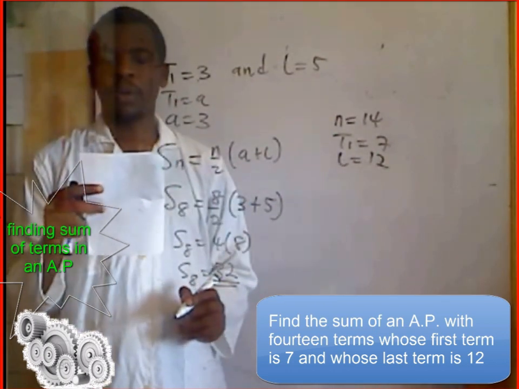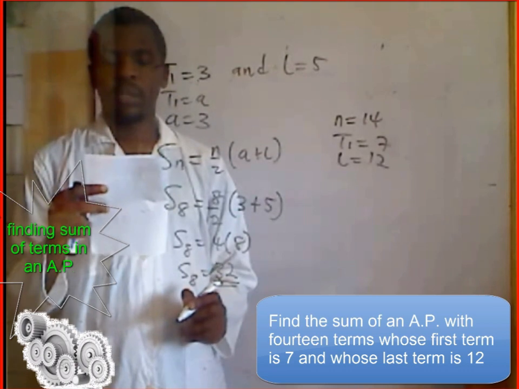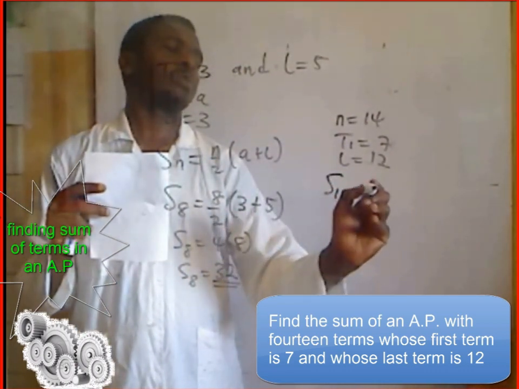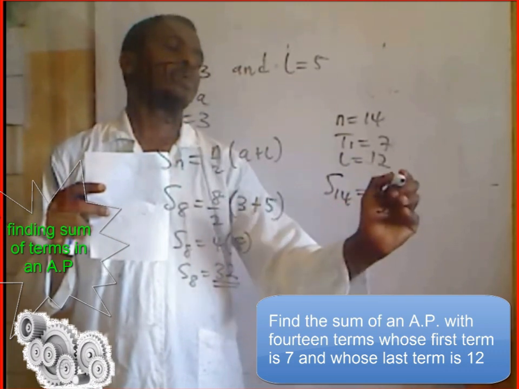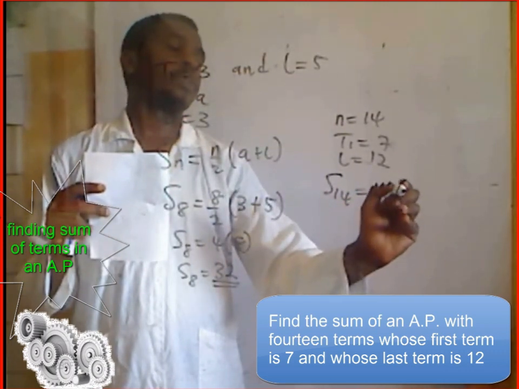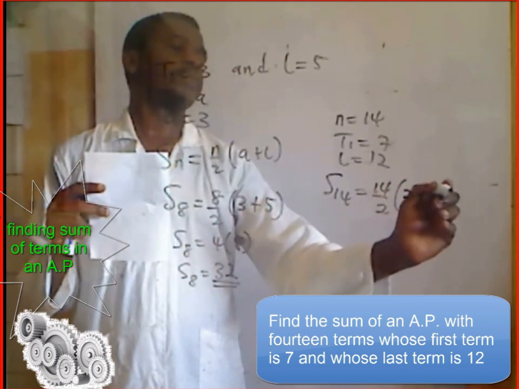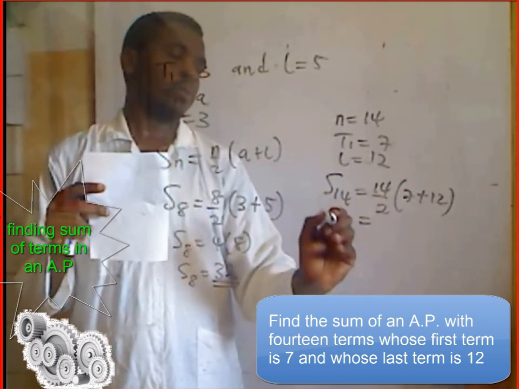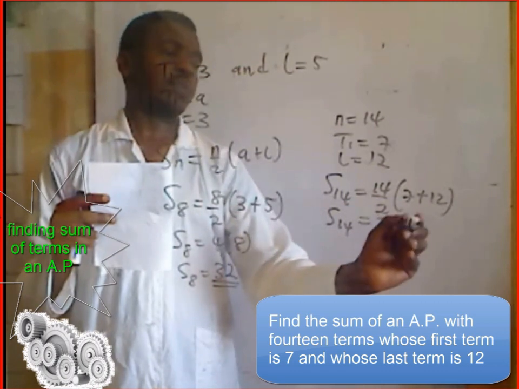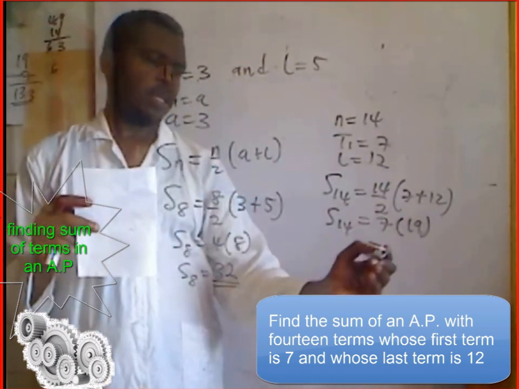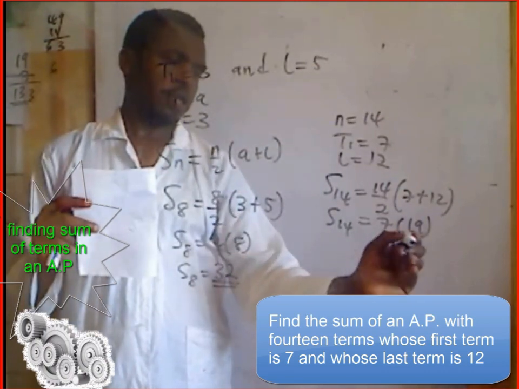We're asked to look for S14. S14 will be equal to 14 all over 2 factor of T1, that is A, 7 plus 12. This is equal to 7 factor of 19, which gives us 7 times 19, which gives us 133.